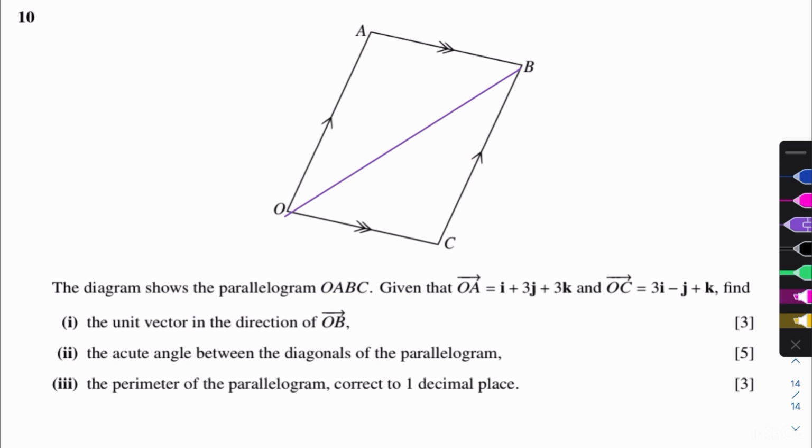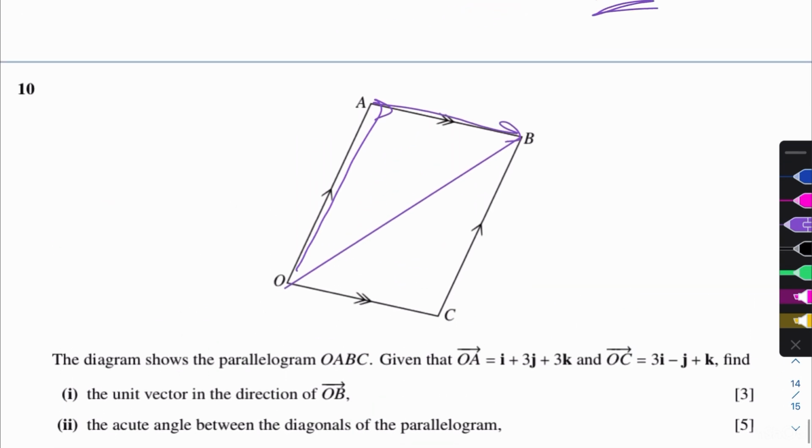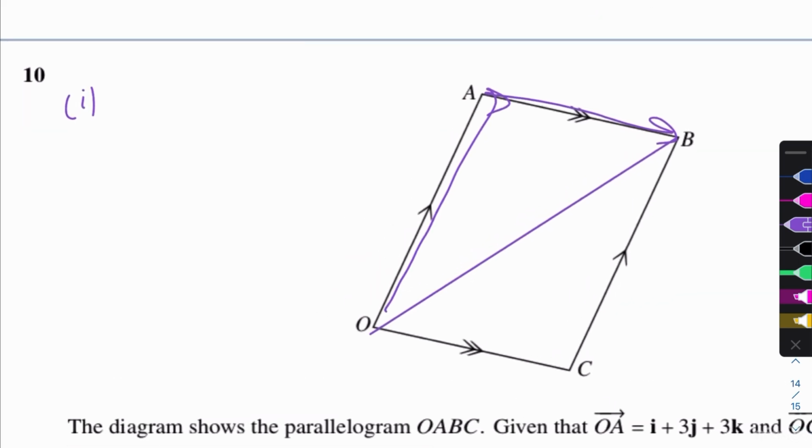Okay. So one way to get there is by going OA plus OC. So that's what we're going to do. So for part 1, we're going to do OB equals OA plus OC.